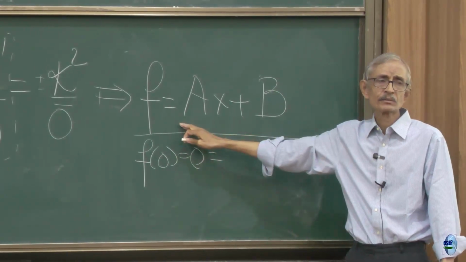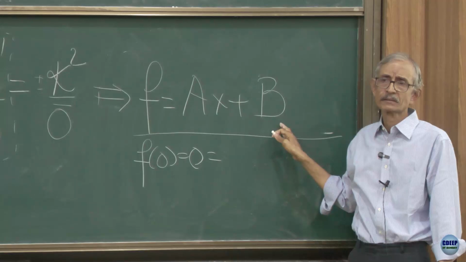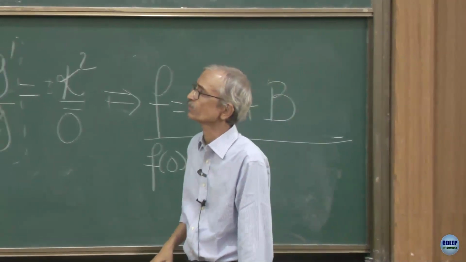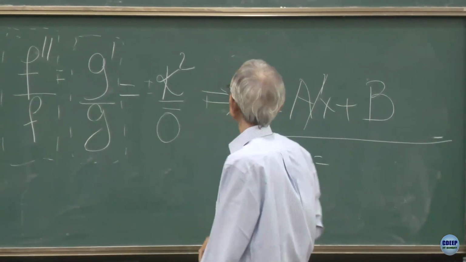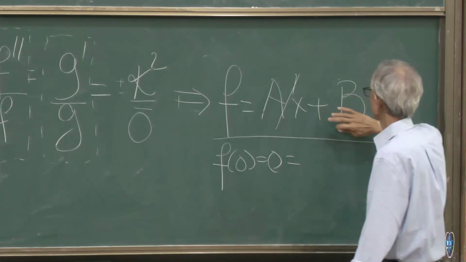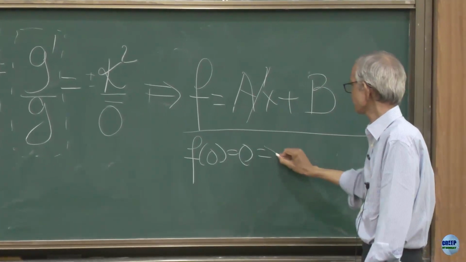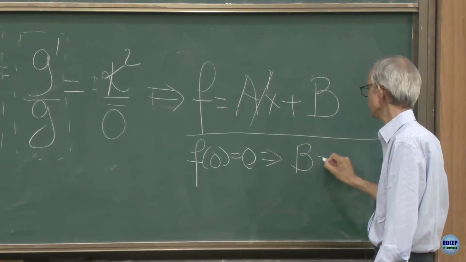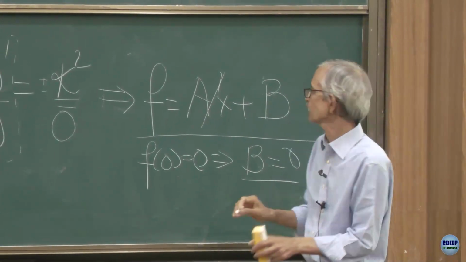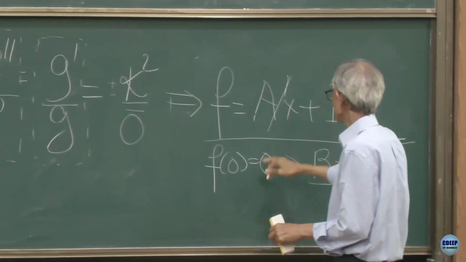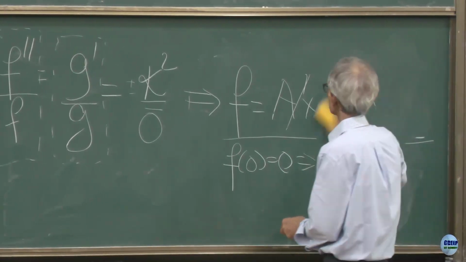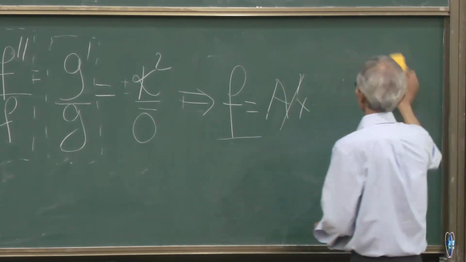If f0 equal to 0, what can I say about a or b? A is 0. Okay, so this guy is going to go away. So what we are saying is that at x equal to 0, this term goes away, which implies, number 1, b is equal to 0. So you start by saying that this is the case.